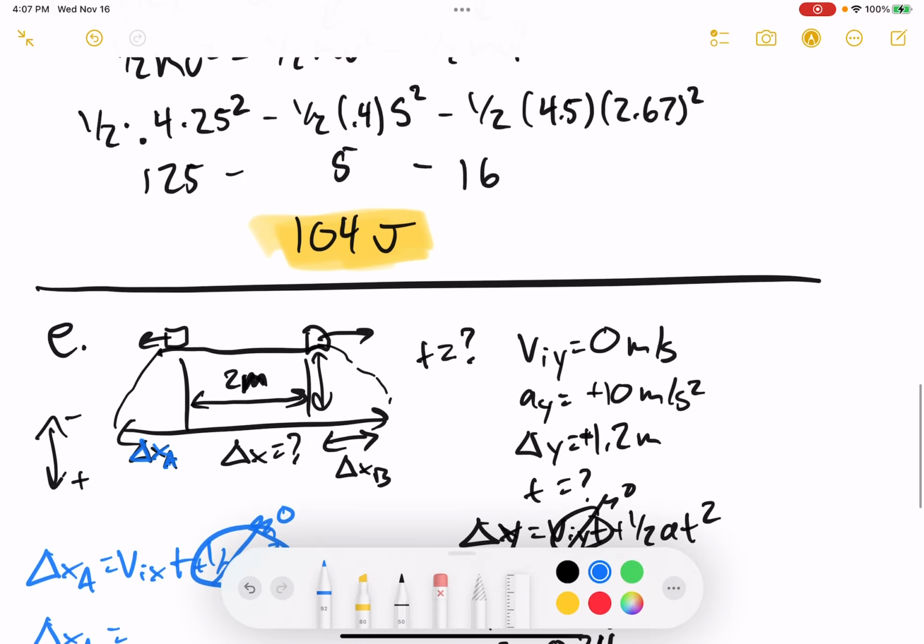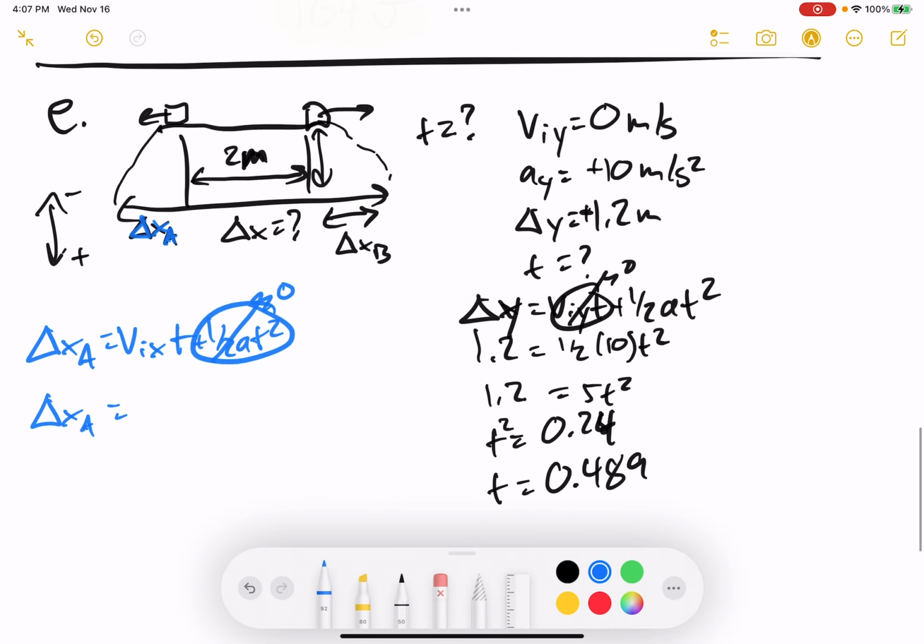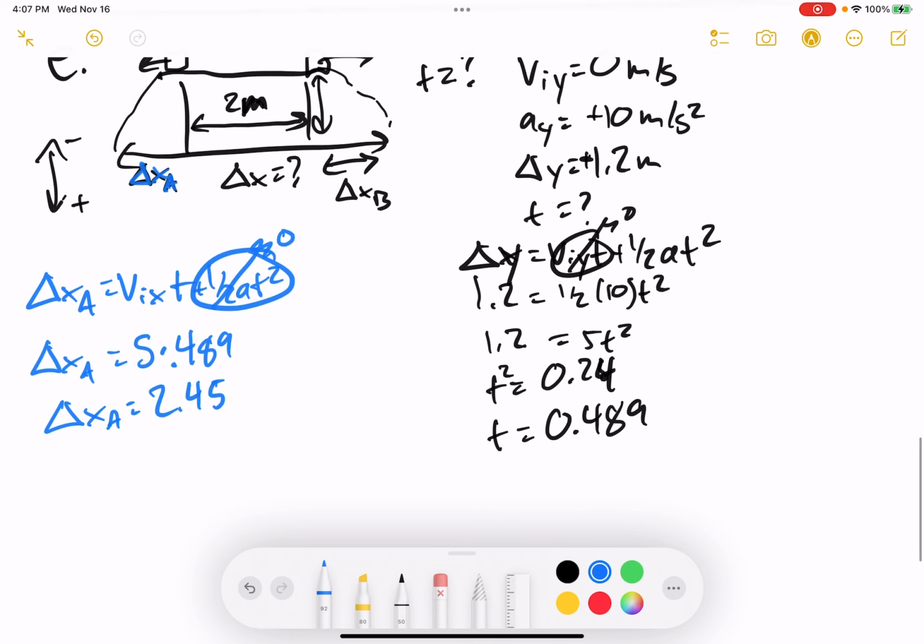So the velocity of that block would be 5 times my time is 0.489. So this delta x A is going to be equal to 2.45.